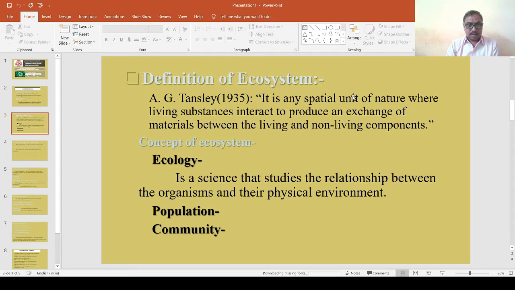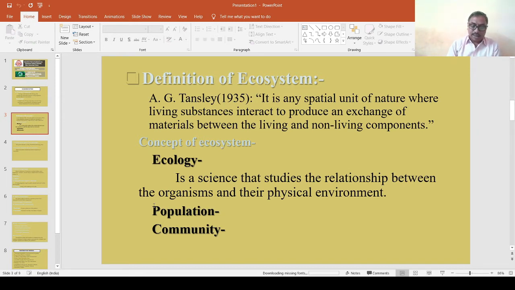Organisms living in a group are called a population. Population means organisms living in a group. Then, about the community.